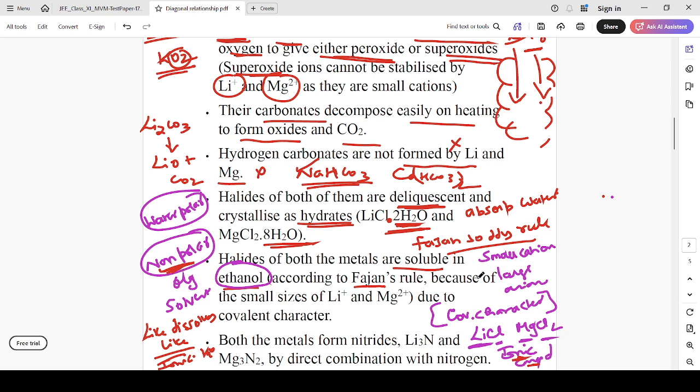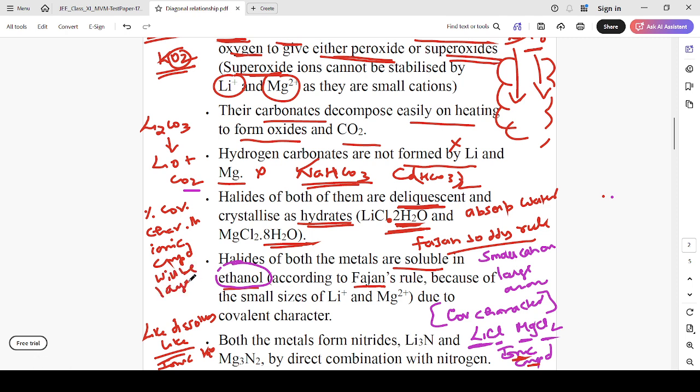Fajan-Soddy explains it. Even though the compound is ionic in nature, if it obeys this rule, with a small cation and a large anion, then the percentage of covalent character in the ionic compound will be larger. We are comparing LiCl and MgCl2.